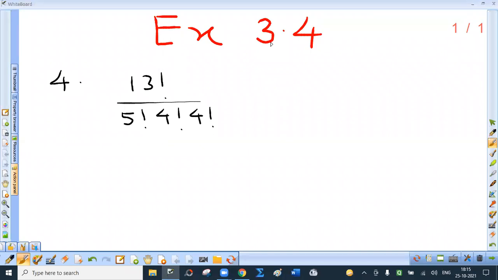Therefore, number of distinct arrangements equal to, don't simplify this, 13 factorial upon 5 factorial into 4 factorial into 4 factorial.